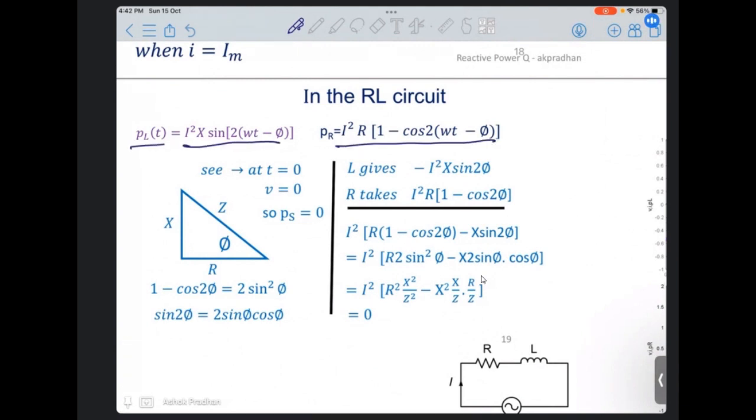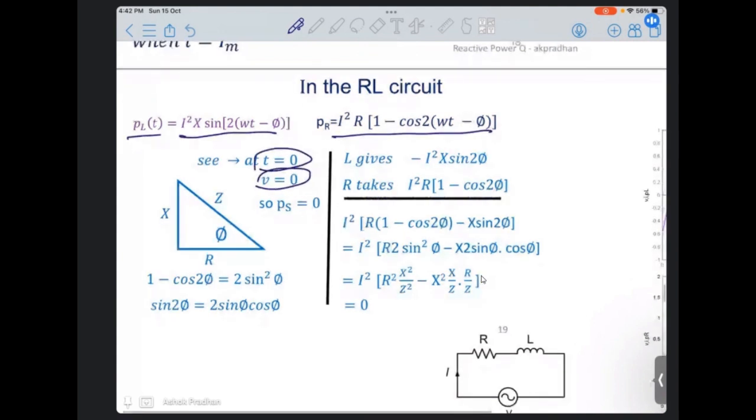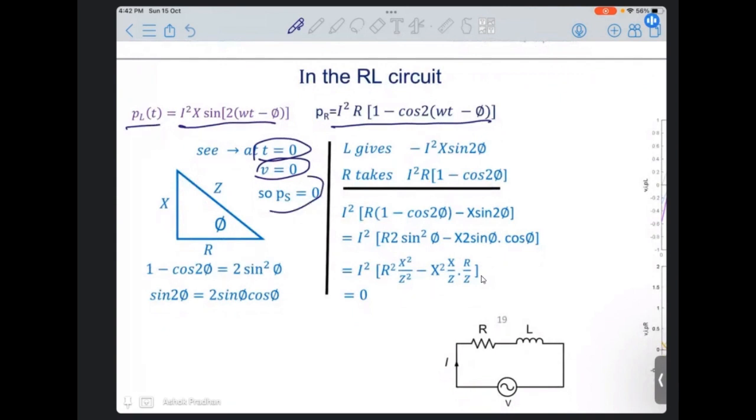Let us say at t equals 0. As I said, V equals 0 and the power supplied from the source is 0 because it is a short circuit. So L gives minus I square x sine 2 pi and R takes I square R cos 2 pi. This is the power handled by the L, because the negative power at 0 we have already seen, and R takes I square R 1 minus cos 2 pi.